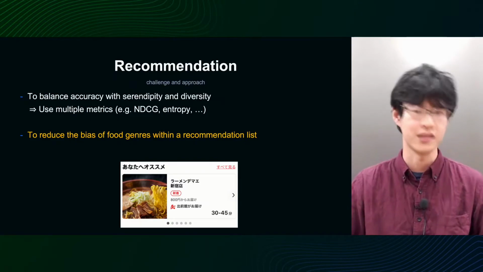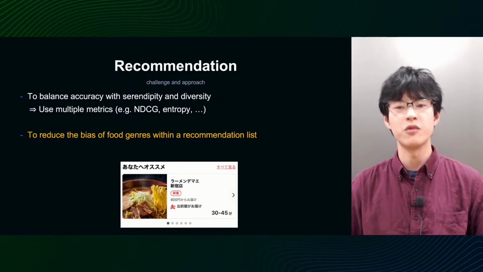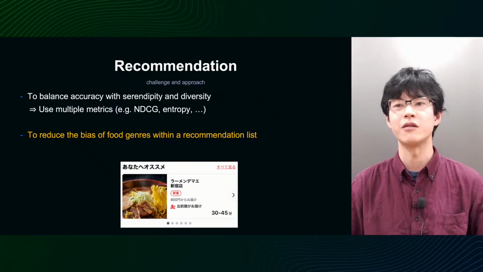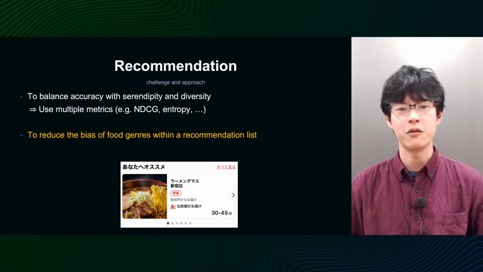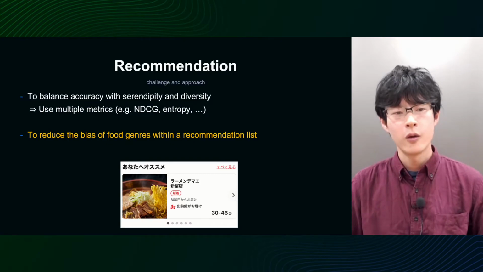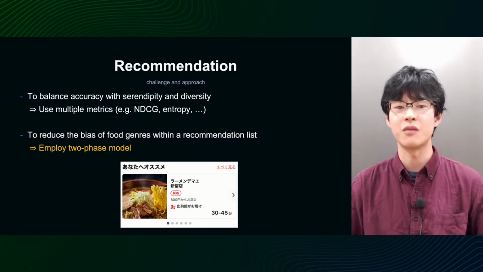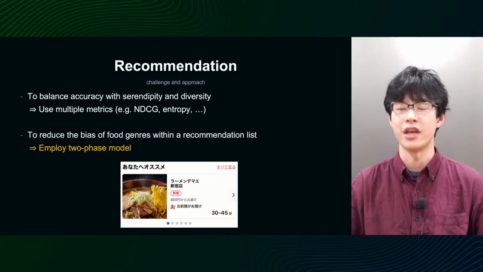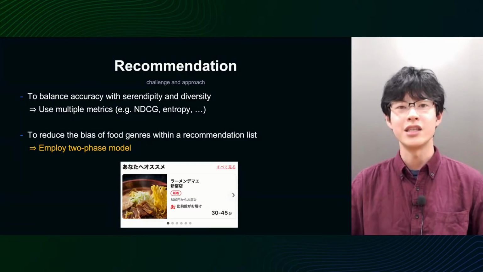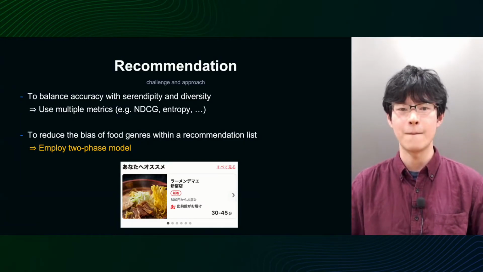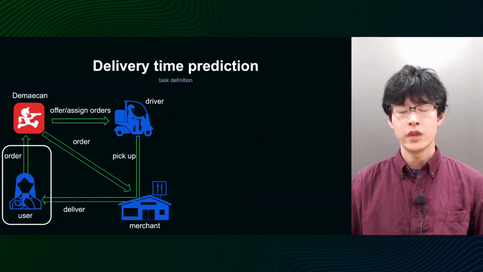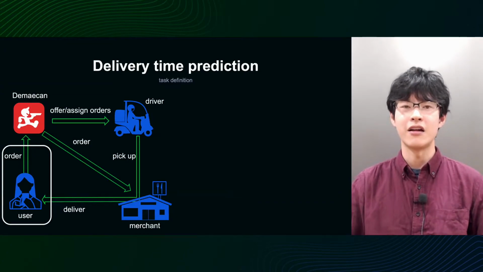Another similar yet different challenge is the bias of food categories in the recommendation, like curry places only or sushi bars dominating the list, which is not desirable to suit the user's preference at that particular moment. We therefore implemented a two-stage model where we combined multiple models to reduce such biases. I will come back and talk more about this later.